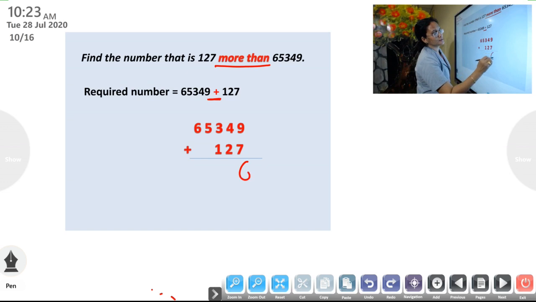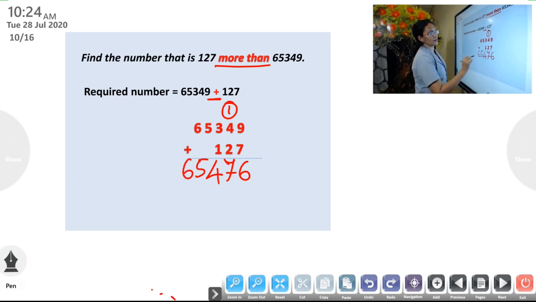So 9 plus 7 is 16. Carry over 1. Then tens place. 4 plus 2 is 6. 6 plus 1 is 7. No carry over there. Then 3 plus 1 is 4. Then 5, 6. Write same. So the required number which is 127 more than 65,349 is 65,476. Okay.